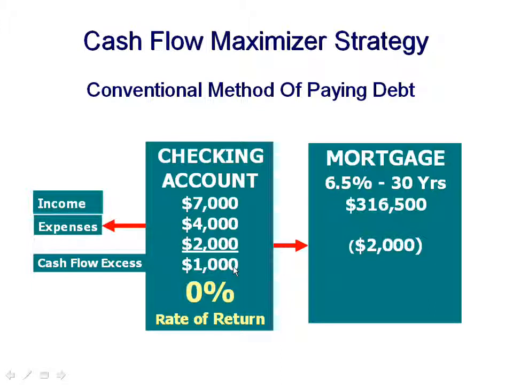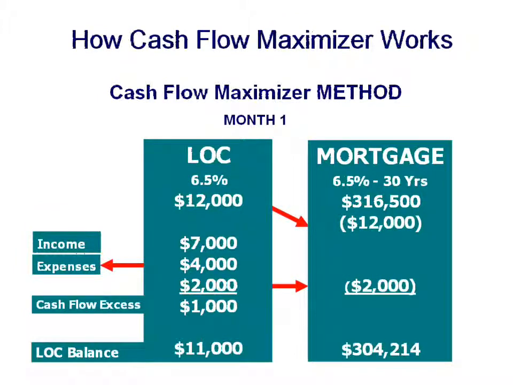So now let's look at the results that Joe can achieve if he used the cash flow maximizer strategy to manage this $1,000 a month in excess cash flow. In this example, let's say Joe takes out a $25,000 open-end line of credit. He withdraws $12,000 from that line of credit and uses it to make a lump sum payment towards his mortgage.